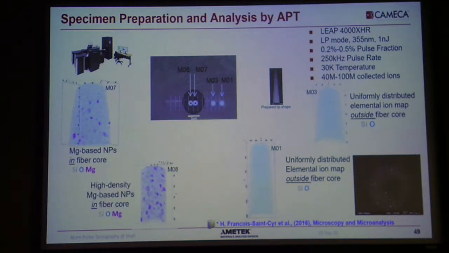Okay, and you see the difference between these two regions, where these two here were outside the fiber core, and you have a uniform distribution of the elements here, while in the fiber core you do have these precipitates or dielectric nanoparticles represented here especially by the magnesium.